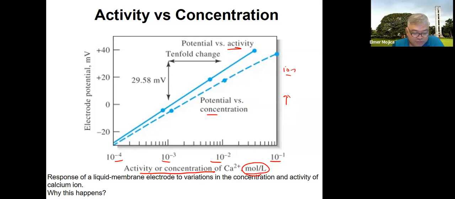This is commonly happening in what we call potentiometric titration. But what do you think is the problem? So this is just what? A calibration curve, right?